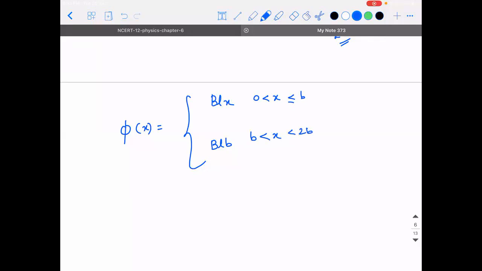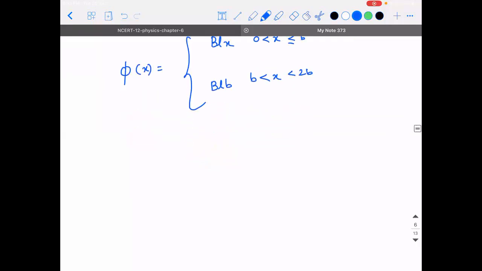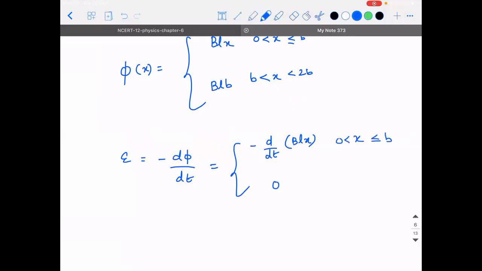Okay. Now, when this is the flux, what is going to be the EMF? We know that EMF is equal to minus d phi by dt. This will be equal to minus of d by dt of B into L into X, and this will be 0. This is when X is greater than 0, less than or equal to b.